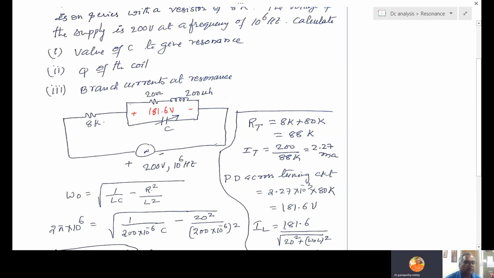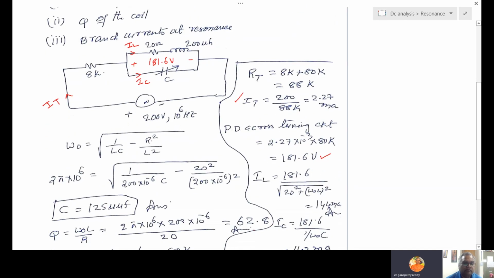Now you can find IL, and we can also find IC. So this current is IT. This IT we have done already, 2.27. So potential drop across tuning circuit is 181.6.